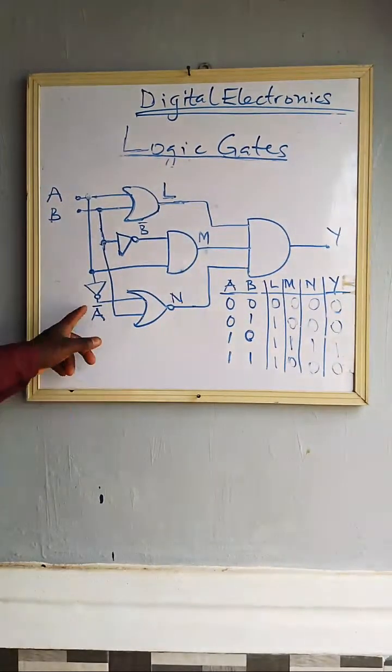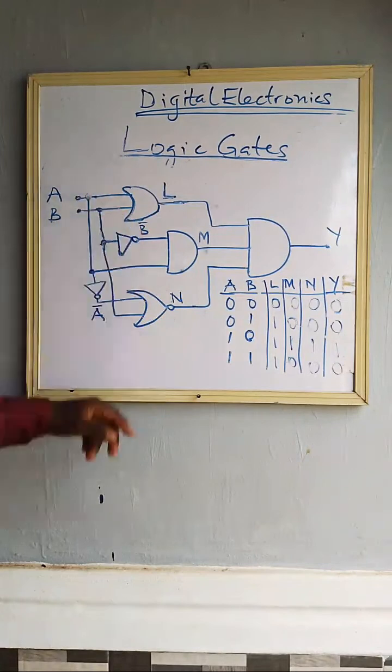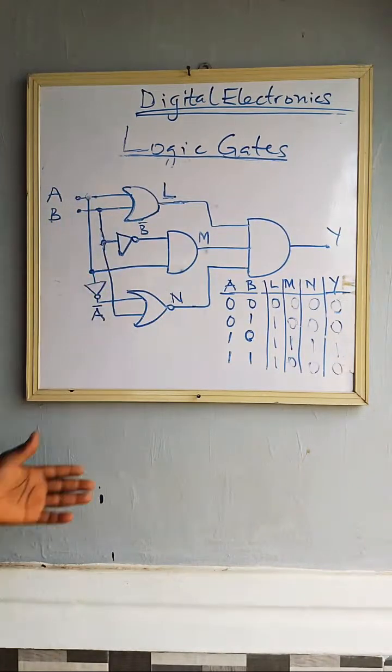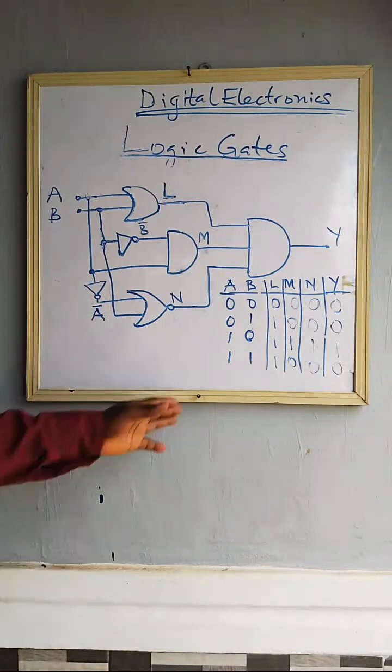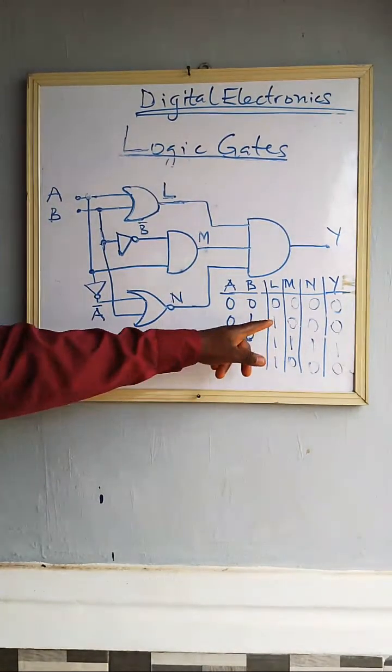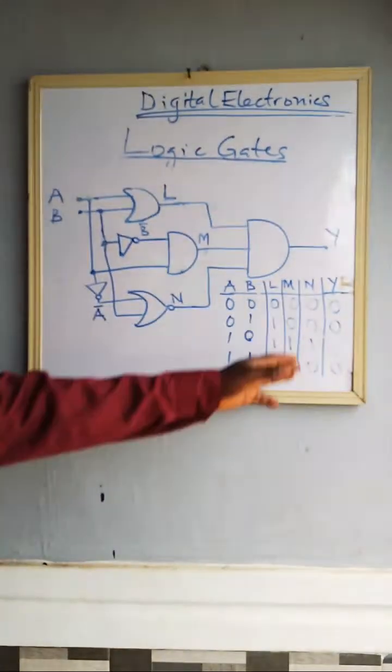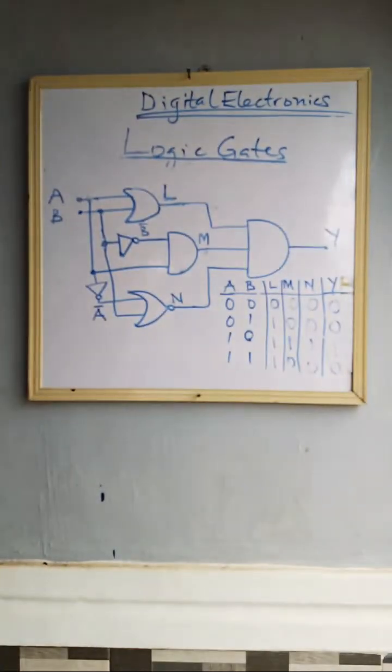Of course, A bar and B bar are also intermediate gates, but we do not bother to put them on the truth table. But they were actually employed in getting the intermediates where necessary. All right. So this is the behavior of the combination logic gate that we have.